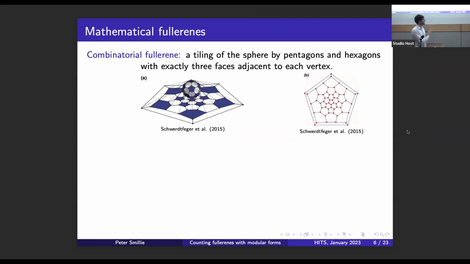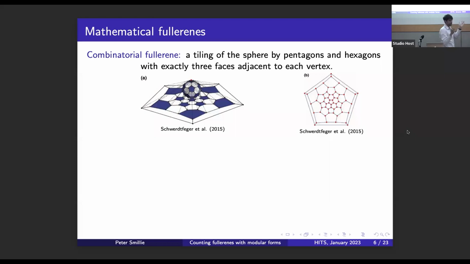So on to math. I'm going to define more carefully what a mathematical fullerene is. The first way you could approach it is through graph theory. Here, you take your soccer ball in this picture A, and I just want to remember the vertices and how they're connected.